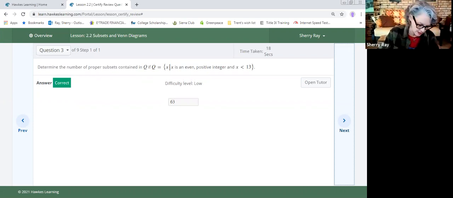Now the difference is a proper subset cannot contain all of the elements of the original set. It has to be missing at least one element. So the number of proper subsets is 2 to the power n minus 1.